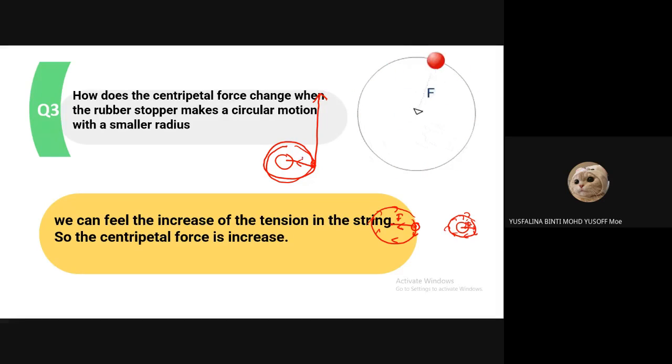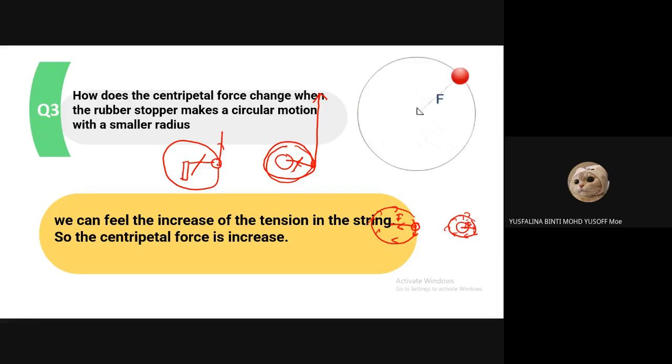Let's say this is the stick, and then you tie it with the rope. This is the object, and you start to rotate it. After some time, let's say you cut the rope. What will happen to the object here? It will move in a straight line.